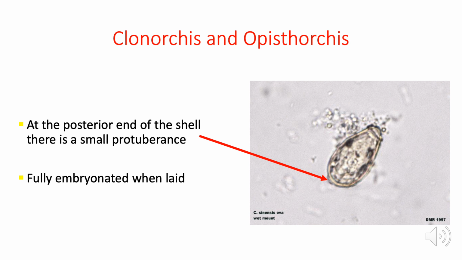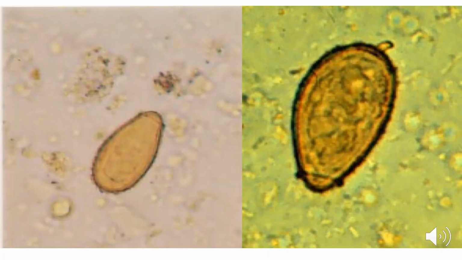It's very important to take note that these eggs are released from the human body as embryonated ova, and they need to be ingested by the snail host for the life cycle to continue. These ova have thickened portions along their eggshell where the opercula are fitted, and they also have small knob-like structures on their posterior ends. So these ova are from Clonorchis or Opisthorchis worms.